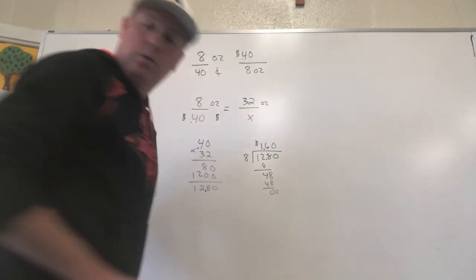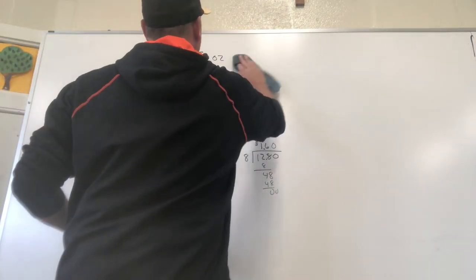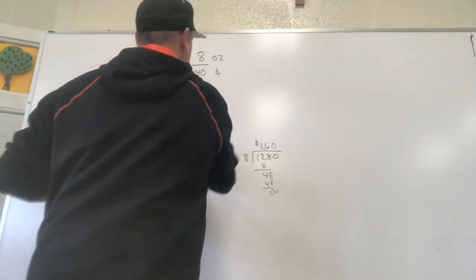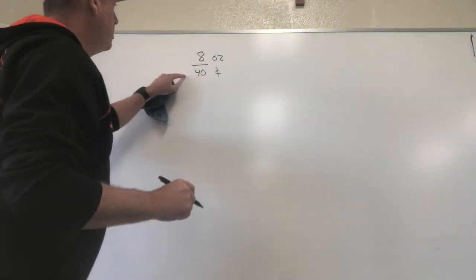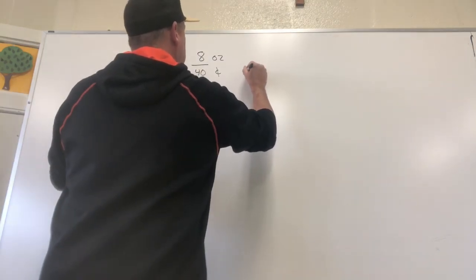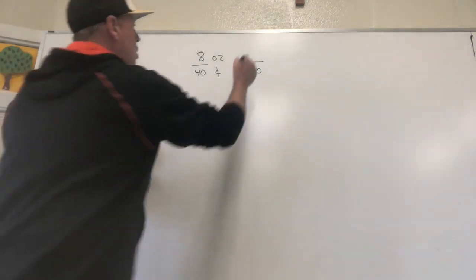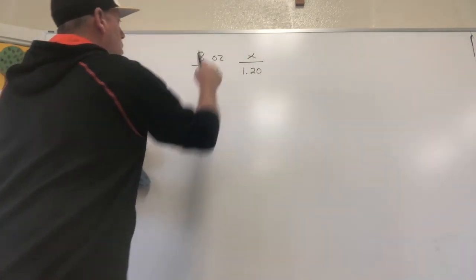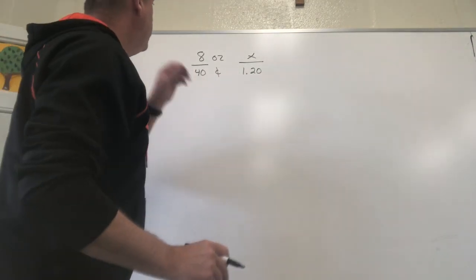If I erase all this, I have the same 8 ounces for 40 cents. How much could I get for $1.20? Now my unknown would be the product. I don't know how much product I would get for $1.20.